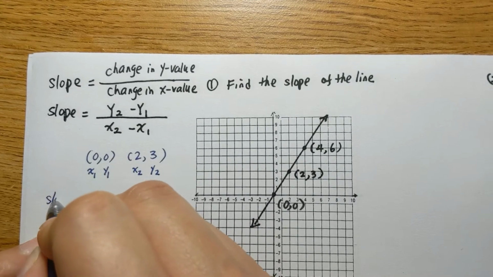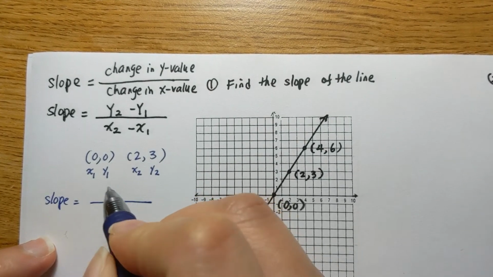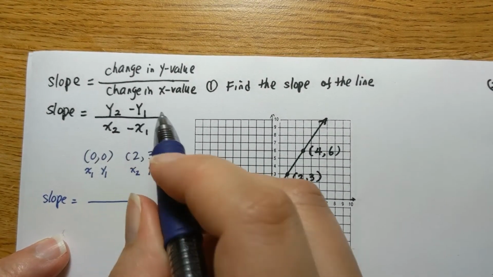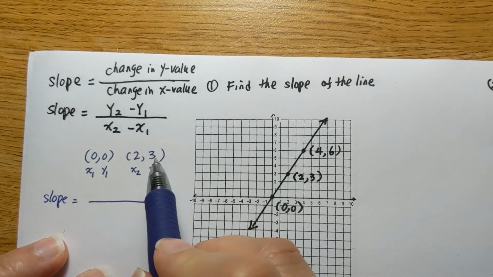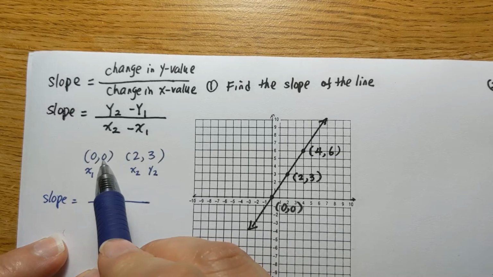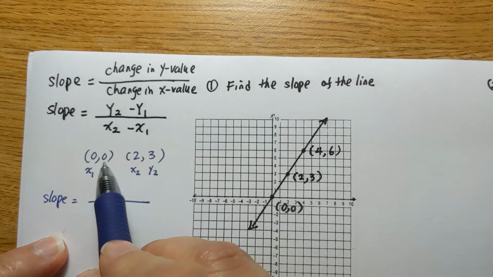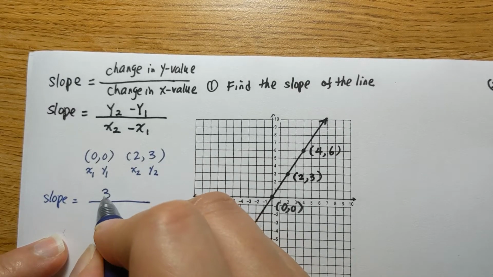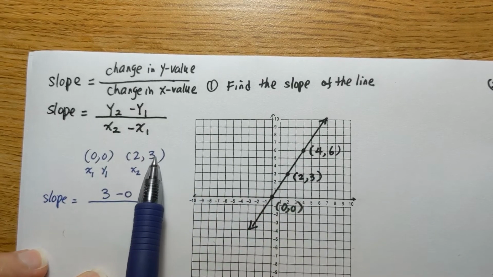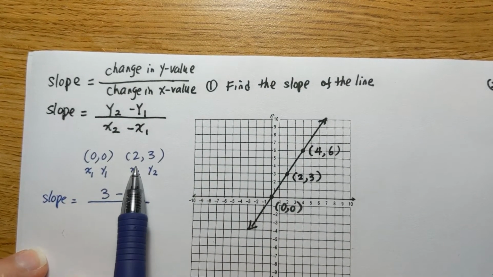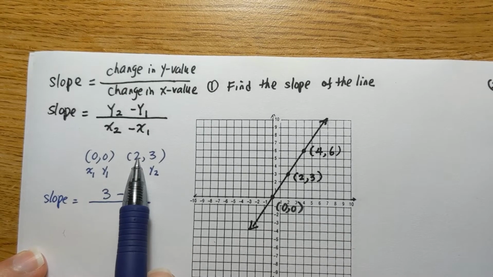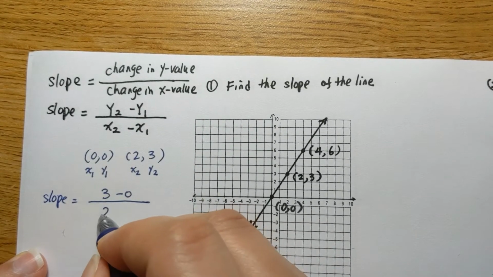Now we say the slope equal y2 minus y1. So your y2 is going to be 3 and your y1 is 0. So 3 minus 0, y minus y, and then over x2 minus x1, so 2 minus 0.